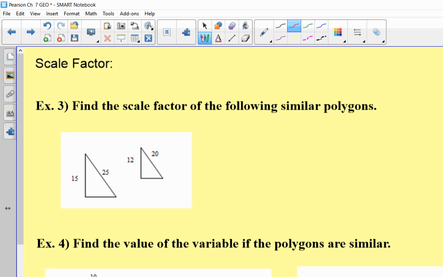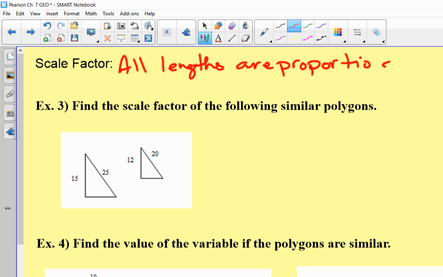My little note sheet. Okay, for scale factor, I'll write this down for you. All lengths are proportional. So basically I have to do what I just did to prove this.